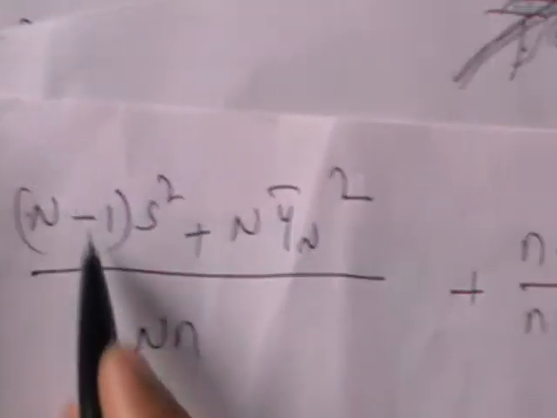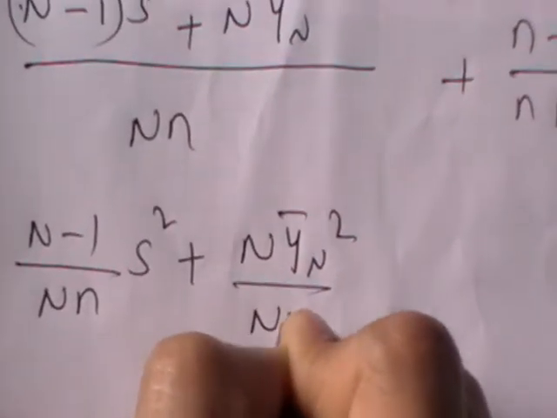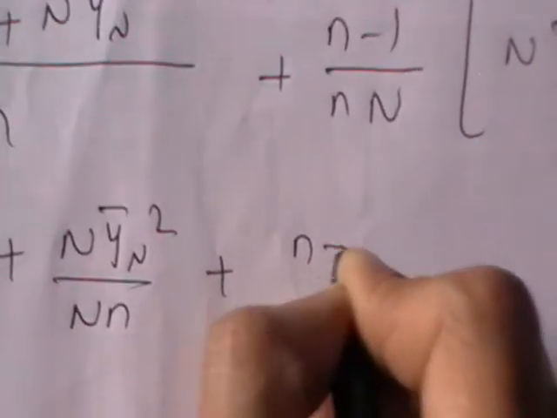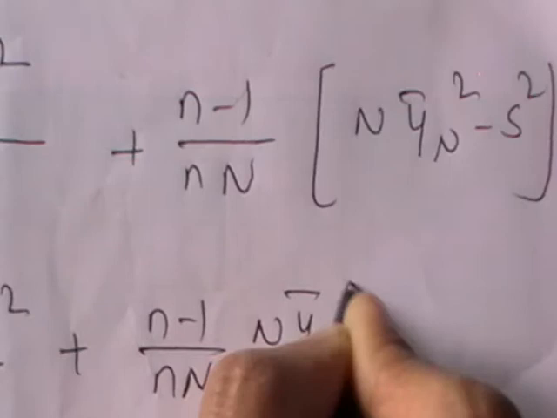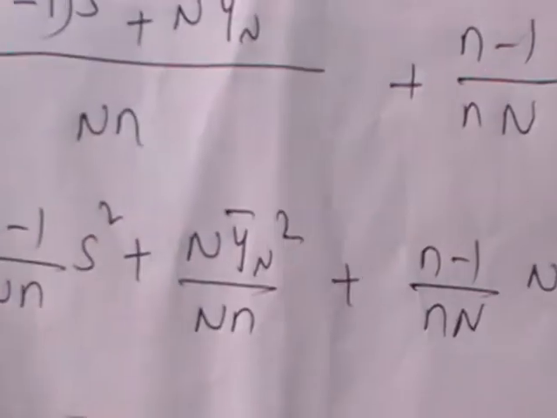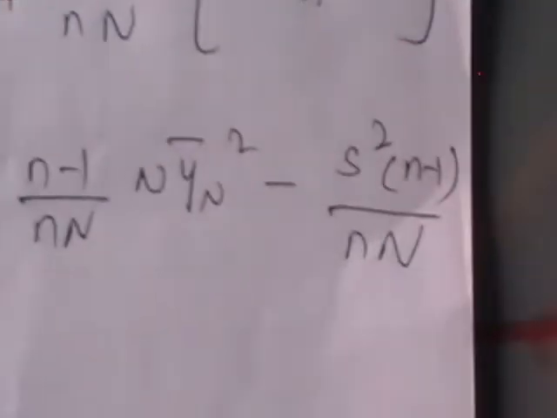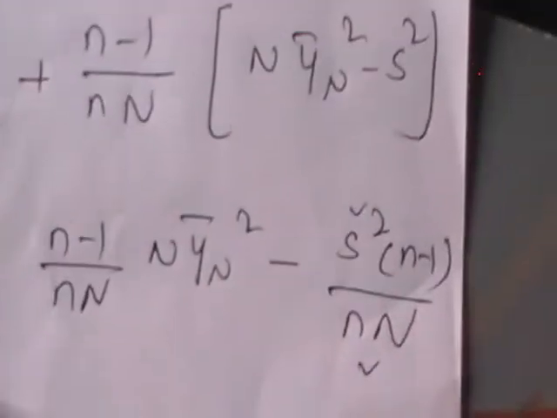Now if you divide these terms, you will get separately the first one, separately the second one, minus s square into n. So how much you will get here? You have s square term here. You have s square. From this we can take out s square n by n common.